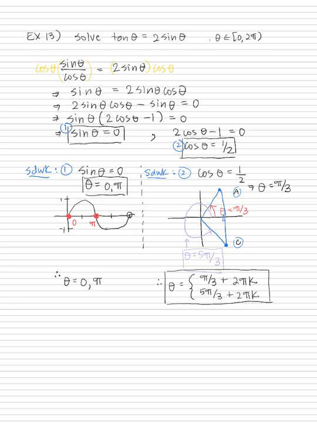Now if you have k equals 1, trust me, it's going to go outside of 2 pi. So our solution set is going to be 0 and pi, and this will only work when k equals 0. Alright, so here you're going to have pi over 3, and then 5 pi over 3.